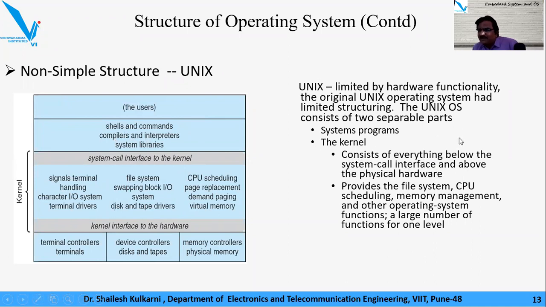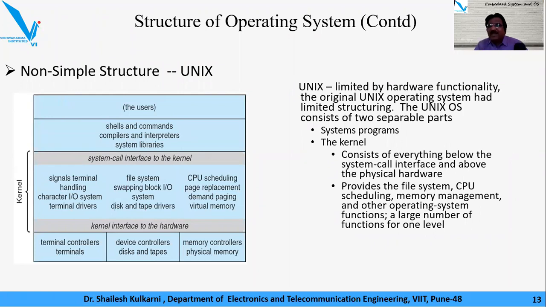There is an interface, as we have seen many times. It provides the file system, CPU scheduling, memory management, and other operating system functions, a large number of functions for one level. So this kernel has many functions which are bundled, and being Unix, it can even be extended from the application perspective also.